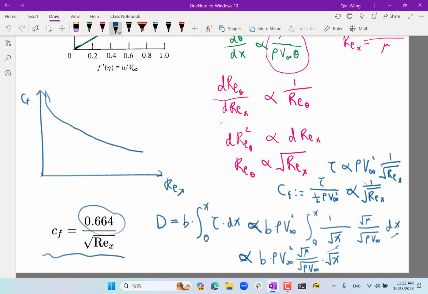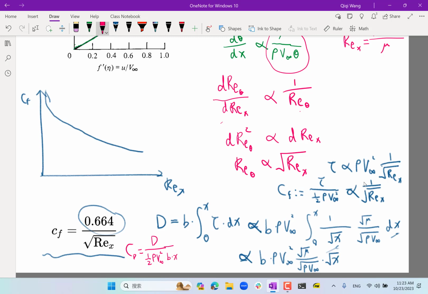Now the important thing is for us to figure out the drag coefficient. C_D is equal to the drag divided by half of rho v infinity squared, and then divided by the area. The area is going to be b times x.